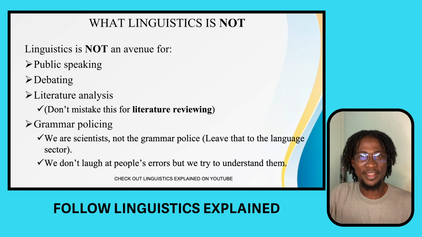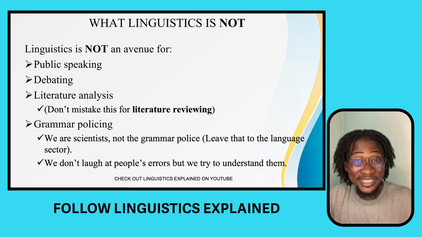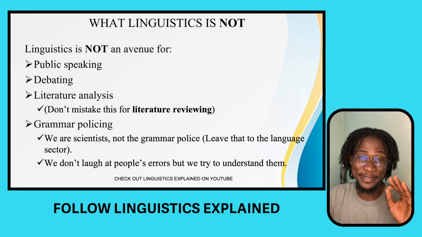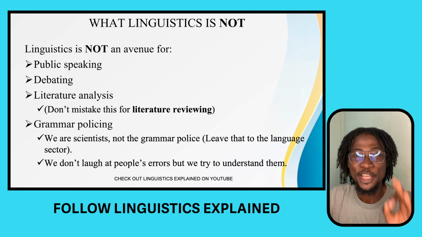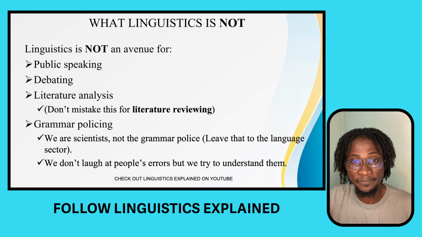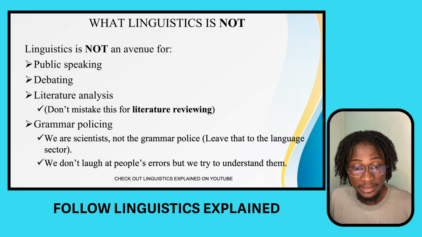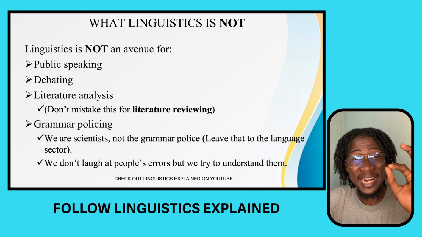Now, what linguistics is not. Linguistics is not an avenue for public speaking. If you think you are coming to the university to read linguistics because you want to be good at public speaking, you are at the wrong place. Linguistics is not an avenue for debate. Studying linguistics is not an avenue for grammar policing.